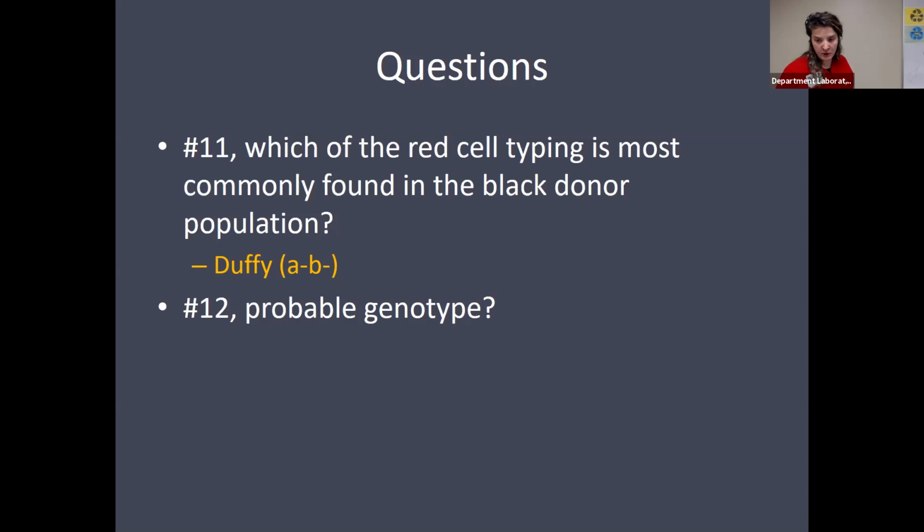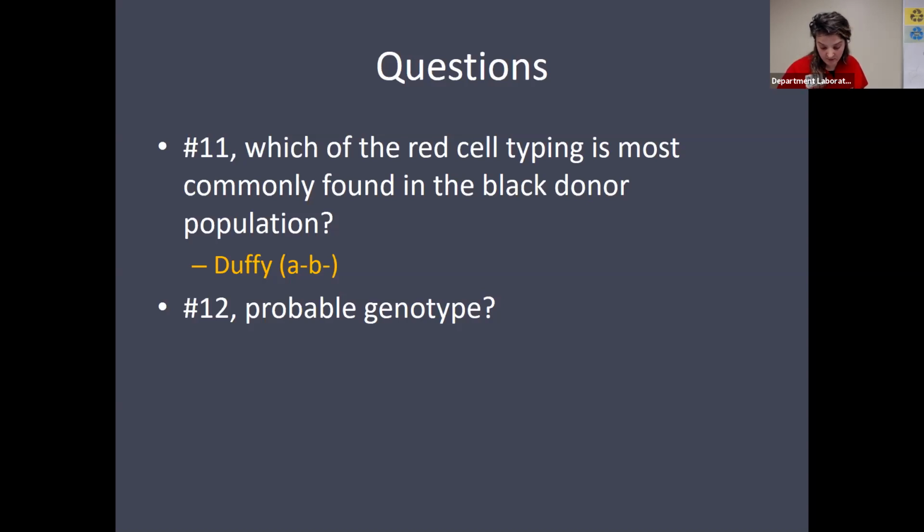And then number 12 is another probable genotype. What do you guys think about that one? D positive, big C positive, big E negative, little c positive, little e positive. Notice that the only negative Rh antigen there is big E. So is A an option?